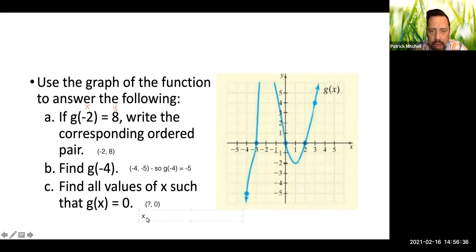Reading from left to right, the first point like that is -3, 0. The second point like that is 0, 0. And the third point like that is 2, 0. So the x values for which g of x is equal to 0 are -3, 0, and 2.